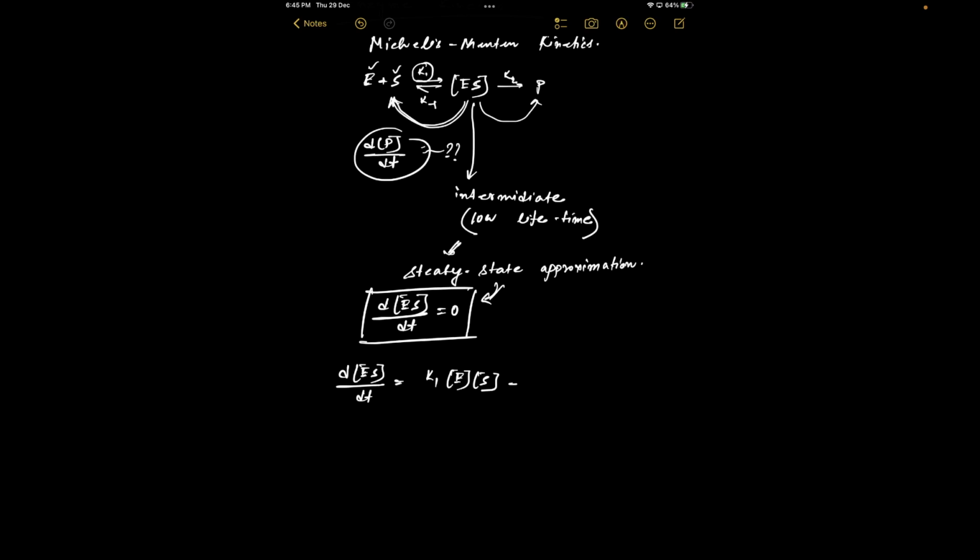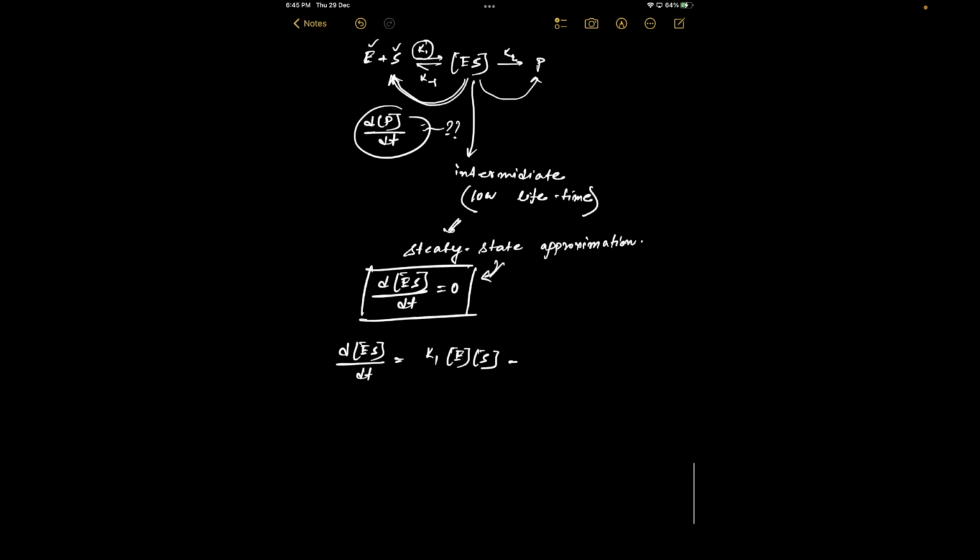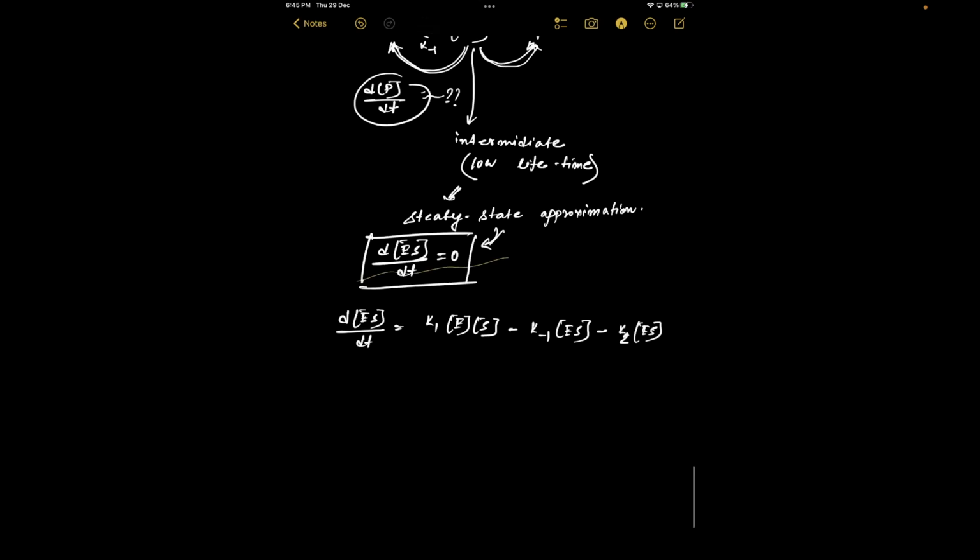That means the concentration of ES is decreasing, that's why the negative sign. So negative K minus 1 times ES, because it is happening from ES, that's why we have to write the concentration of ES here. Now again there is another reaction, where from the enzyme substrate complex the product molecules are forming with rate constant K2. So again minus K2 times ES, right? So this is equal to 0.